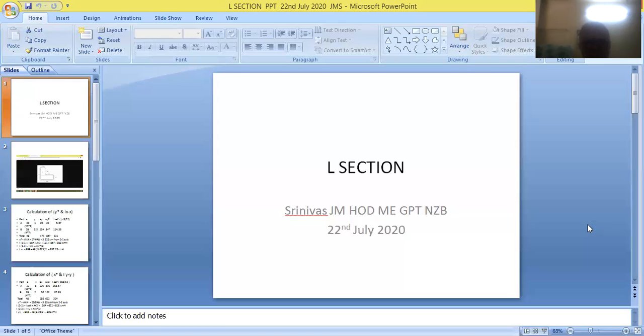So we have to measure X bar in horizontal direction on one axis, and from there we have to proceed in upward direction, in vertical direction, for a distance of Y bar. Ultimately we will get a point that is called center of gravity, and the letter G is used for indicating this parameter called center of gravity.